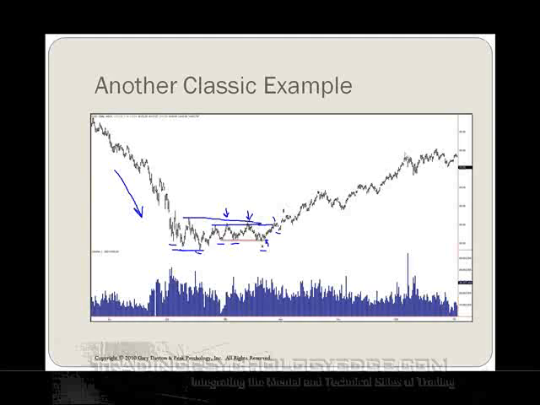And again, you can see that we saw climactic action beginning here sometime in early October, and it wasn't until March of the following year that we start to rally. We start to complete that accumulation zone and start to rally up. Okay.